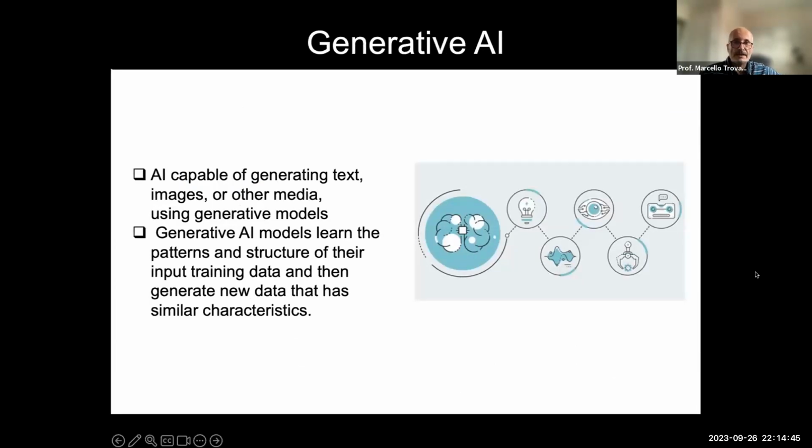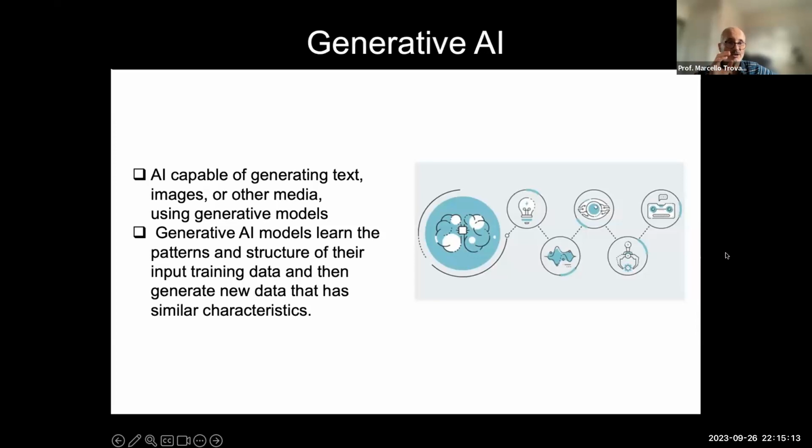And for generative artificial intelligence, we have the generation bit, which is part of the name. So it's about generating text, images, and other media. There are a variety of generative models, and they tend to be very data hungry.